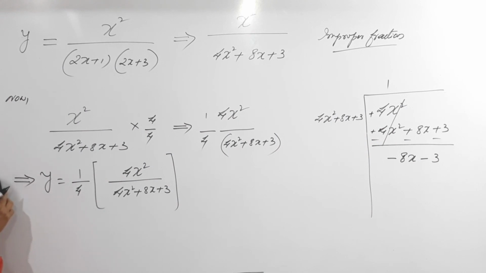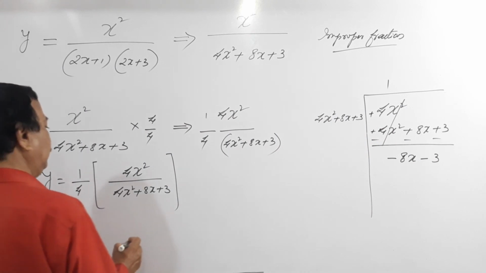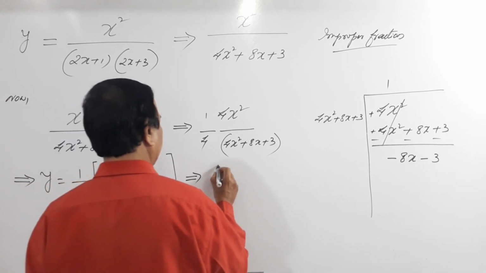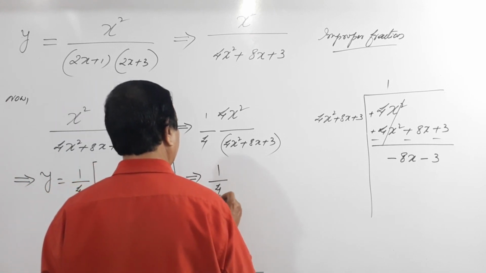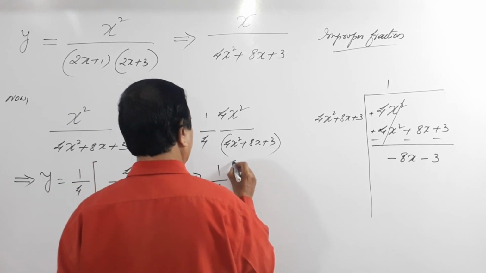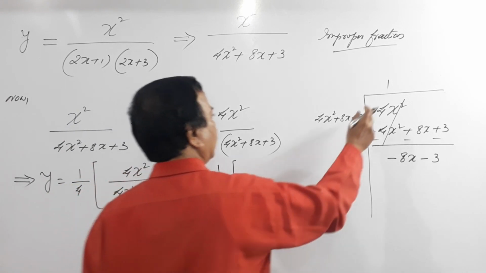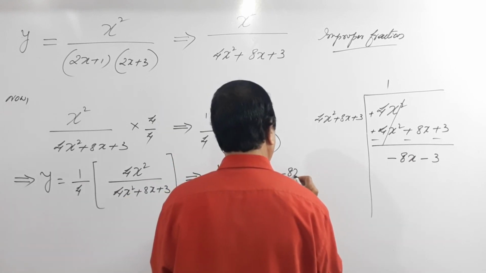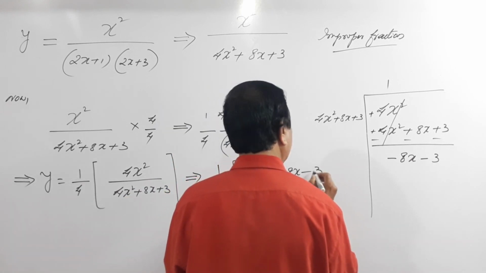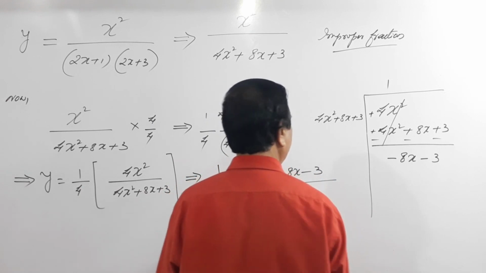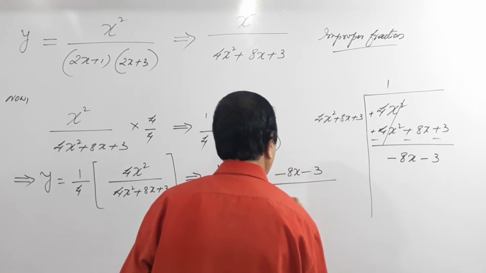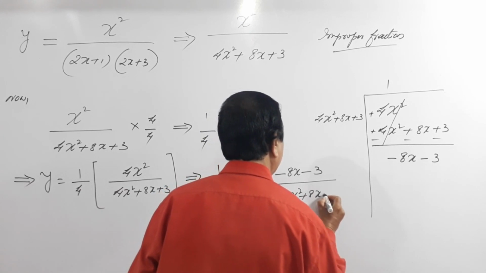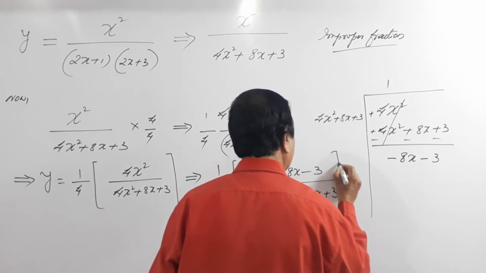So this is nothing but 1 by 4 into 1 plus (minus 8x minus 3) divided by 4x square plus 8x plus 3.